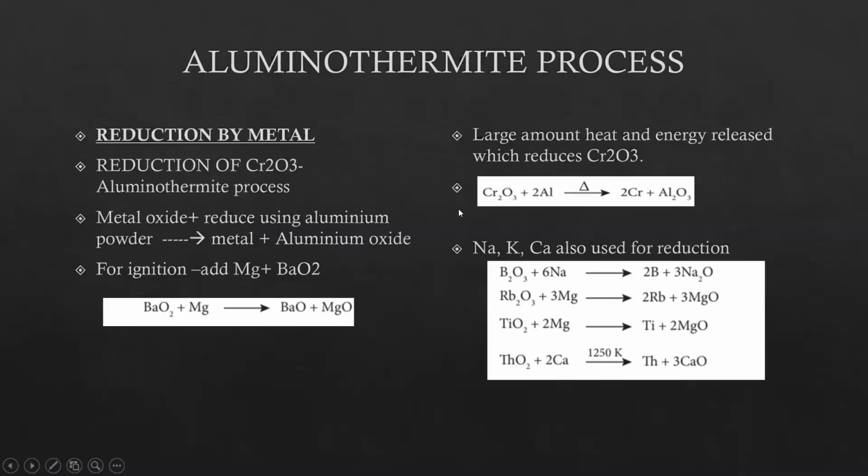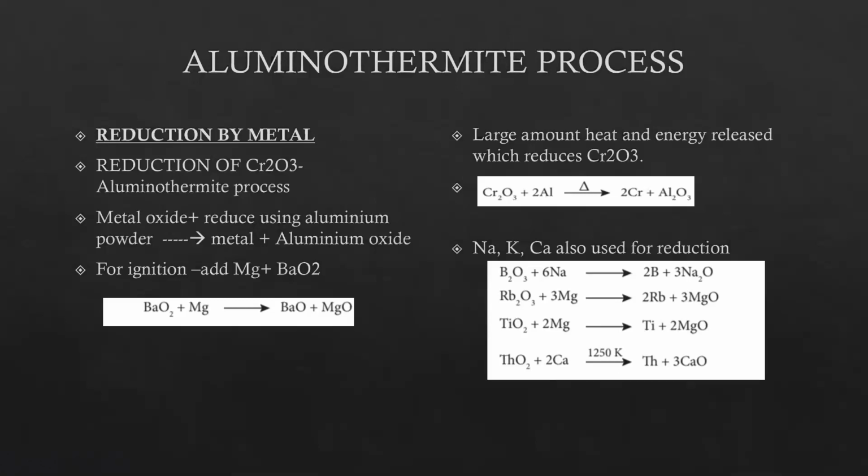See the equation now: Cr2O3, chromium oxide, reacts with aluminum powder, and we get chromium metal and aluminum oxide as the byproduct. We call this method the aluminothermite process because aluminum is used as the reducing agent and a large amount of heat is liberated during the reaction.